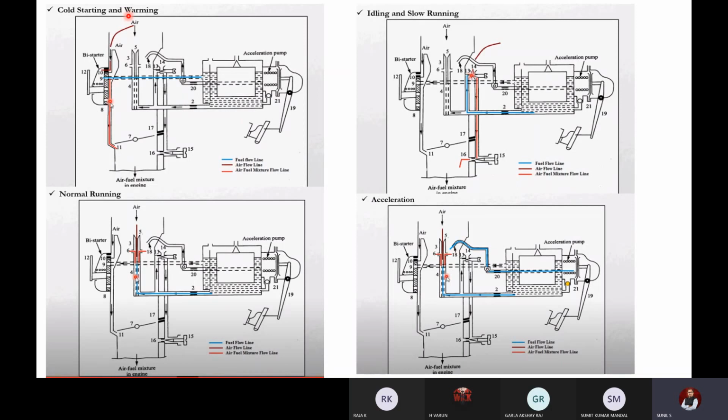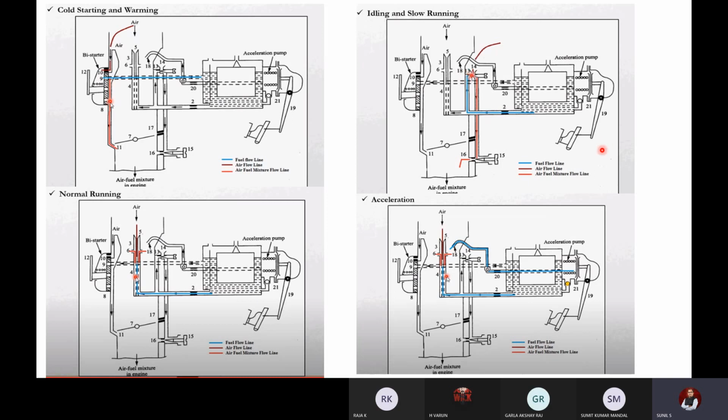Now, once the vehicle is started, what actually happens? The driver will release this disc 12. So it will come back to its original position, and it will block the larger hole, whatever we saw, number 9. You can see here the valve number 9 was open. Here it is completely closed. A small valve will be closed, so that the fuel will be drawn from port 2, from the line 2, and it will enter at point number 13 here.